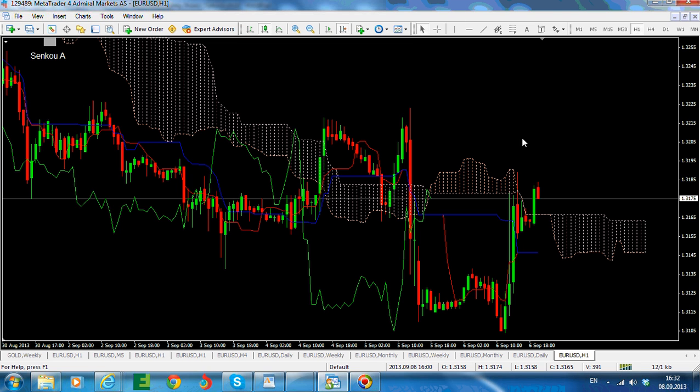Now, if history is a good indicator regarding future price movements, then this indicator is one of the best tools to be used for that.